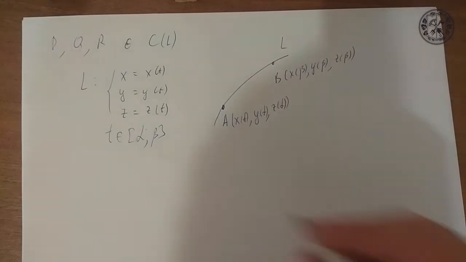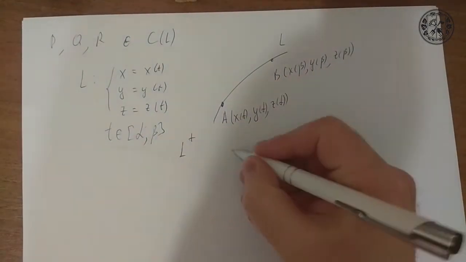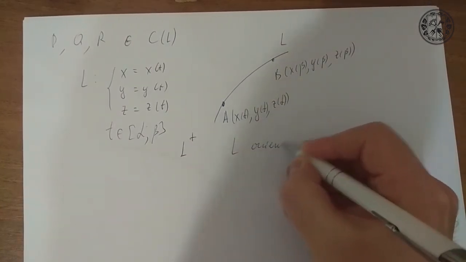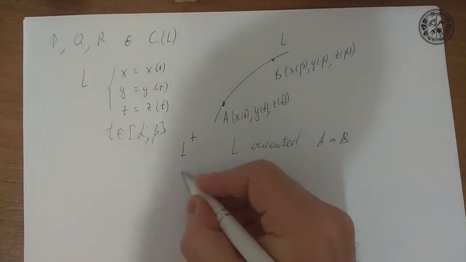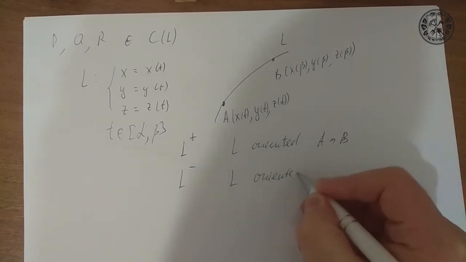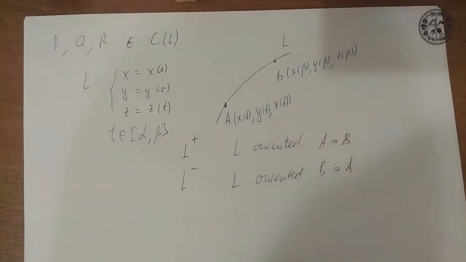If we write down L plus, that means that L is oriented from A to B. If we write down L minus, then L is oriented from B to A. We can change this orientation by choosing the direction of the tangent vector.